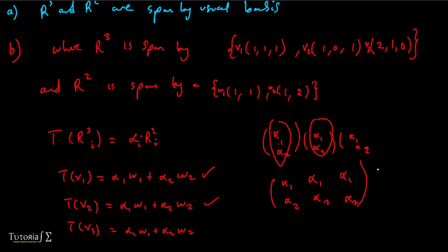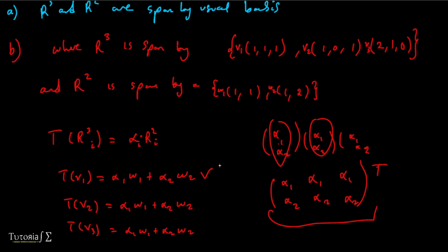Then you have to transpose this, and that will be your matrix representation of the linear transformation. So for this one, you solve for alpha 1 and alpha 2, so it will be a system of linear equations. Simple. Even for this one, you solve, then you form that matrix. As easy as that. You can pause and run through the video again and again. All the best.